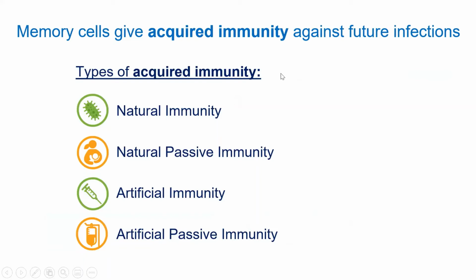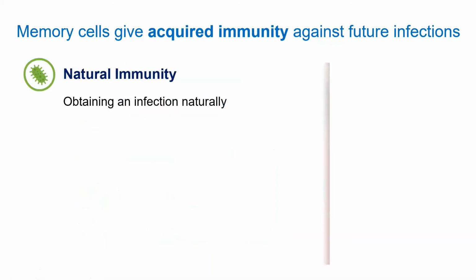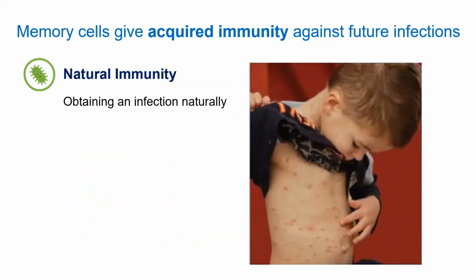So there are types of acquired immunity. You can see I have a list here. Natural immunity is the one that probably makes sense, right? You get the infection. You can see this child here has the chickenpox, and the disease runs its course. The immune system makes antibodies, clears up the virus, and then the memory B cells are there, and the child probably will not get chickenpox again.